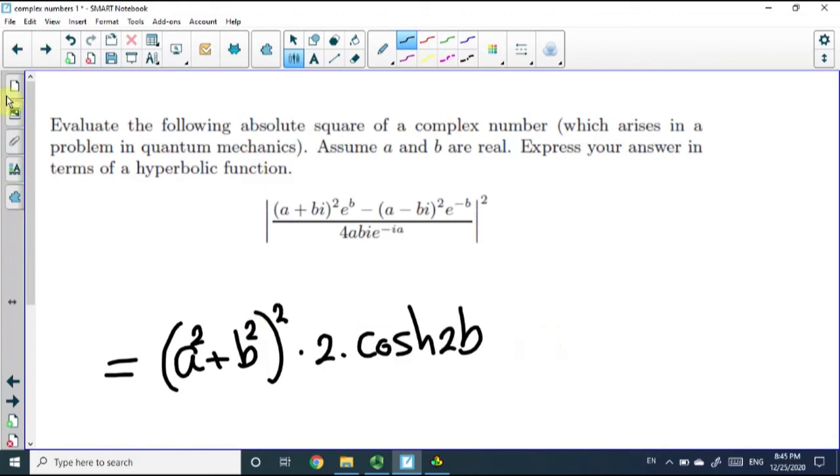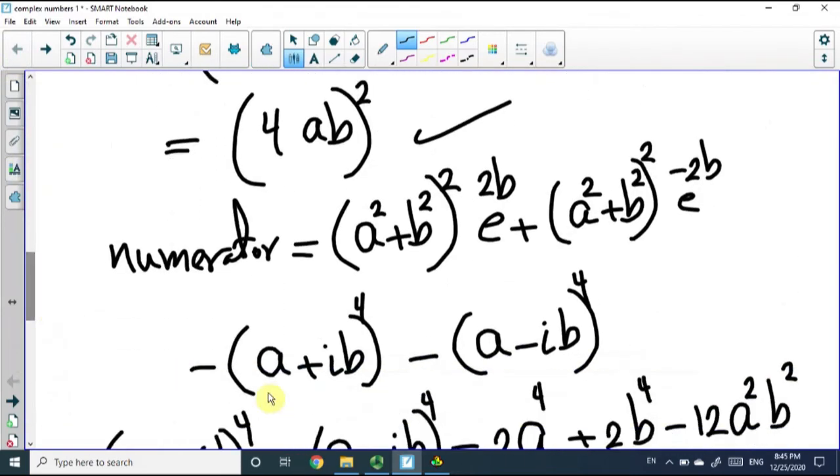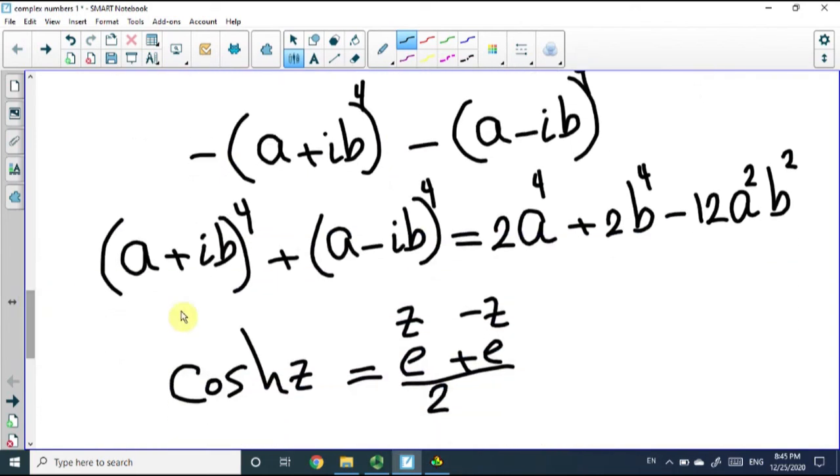Please notice that if you go back to that expression, we get a minus sign. So I added the two terms here. So now when we substitute, we don't forget the minus sign.